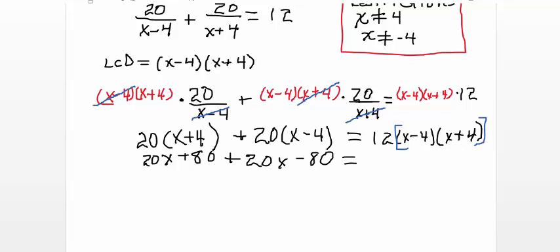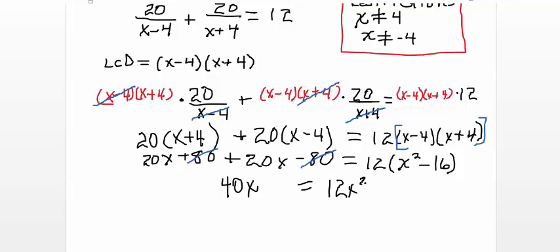Multiplying out, I get 20 times x plus 4 plus 20 times x minus 4. And I'm going to multiply on the right side of the equals x minus 4 times x plus 4 to get x squared minus 16. I'm going to add the common factors, 20x plus 20x to get 40x. 80 minus 80 is 0. 12 times x squared minus 16 is 12x squared minus 192.